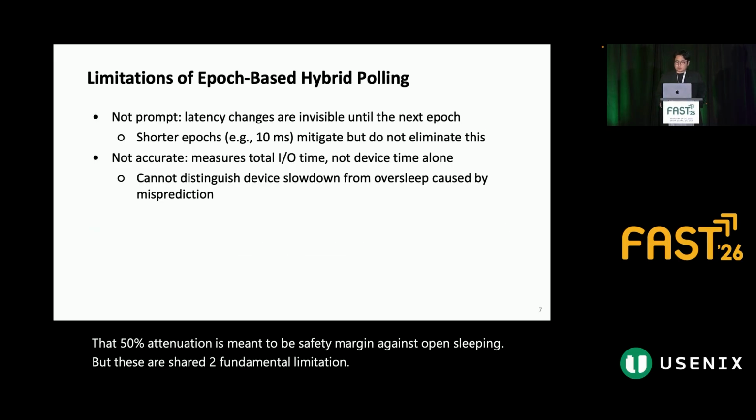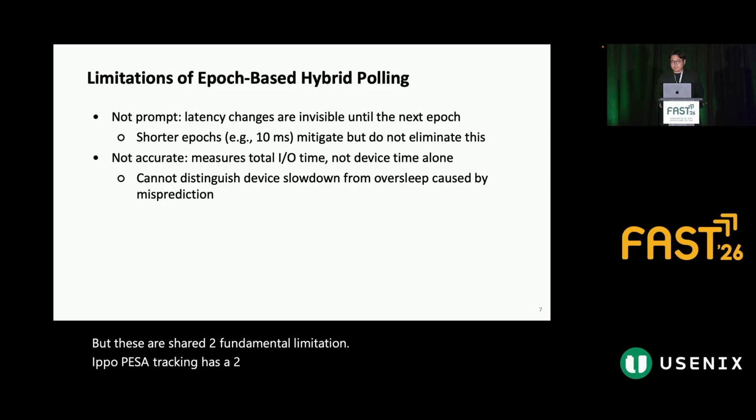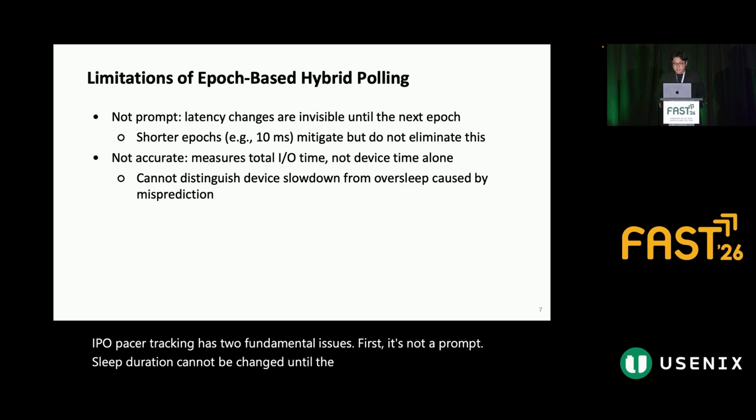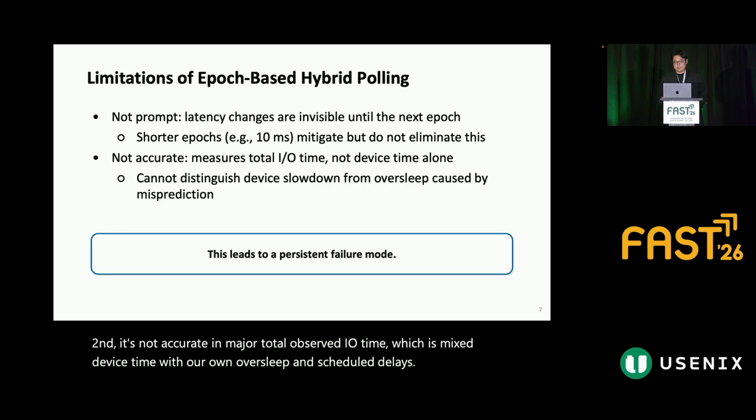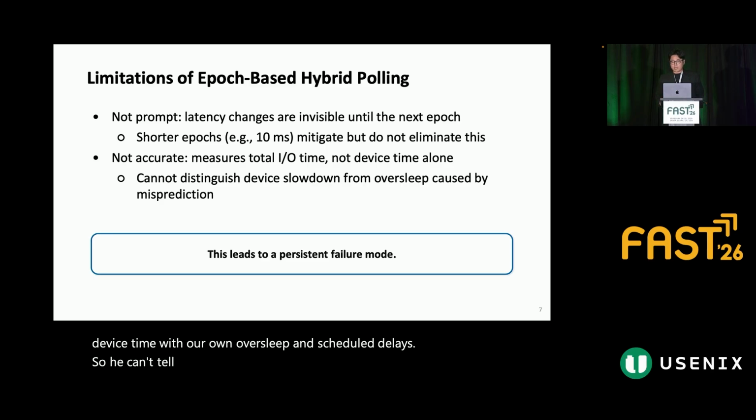Epoch-based tracking has 2 fundamental issues. First, it's not prompt. Sleep duration cannot be changed until the next epoch. Second, it's not accurate. It measures total observed I/O time, which mixes device time with our own oversleep and scheduler delays. So it can't tell the SSD got slower from I woke up late.